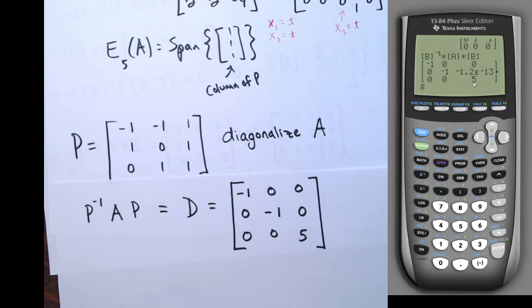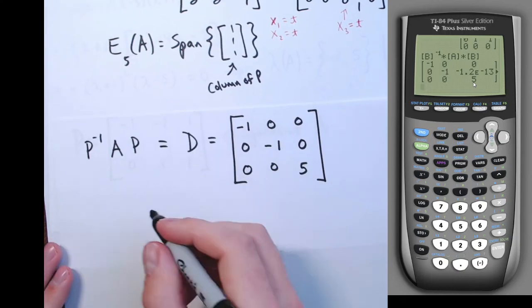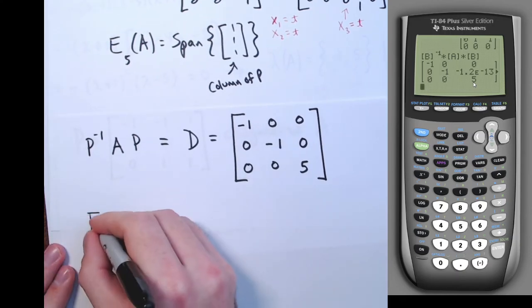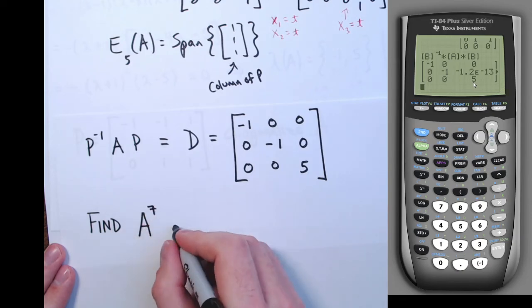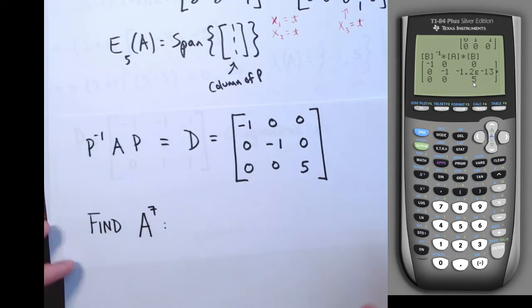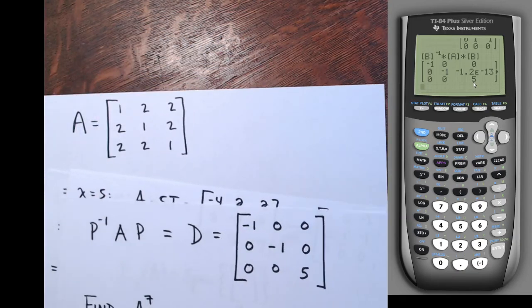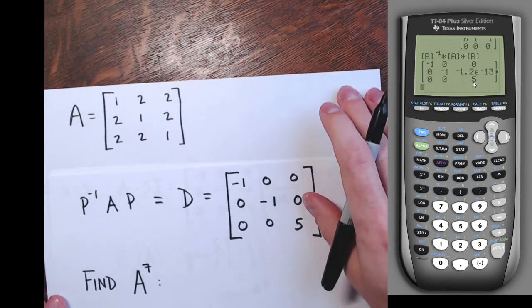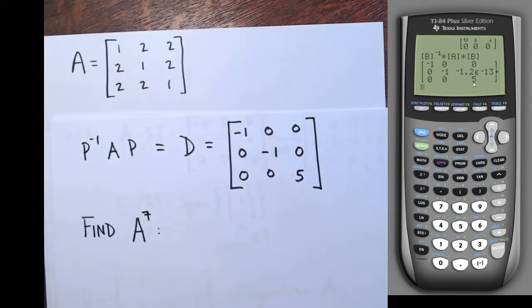So now let's do what they want. All right, let's do what they want. They asked us to, well, part of this activity is, say I asked you to find A to the 7th power. Now you could multiply A by A by A by A by A, 7 times. And by hand that would take a while. Yeah, I know I can do this on the calculator.